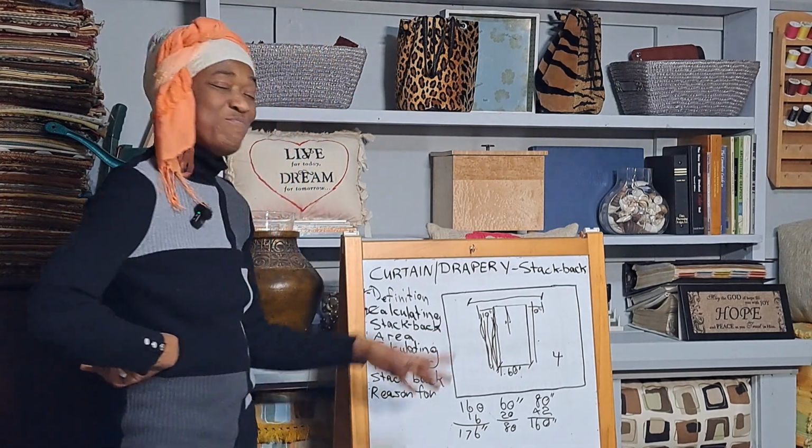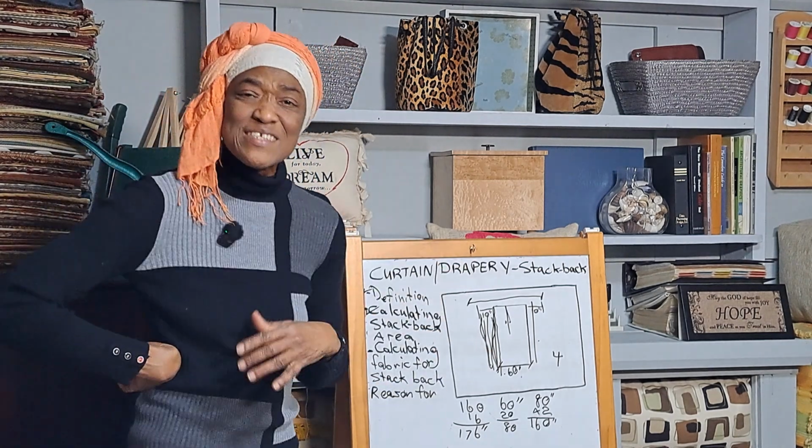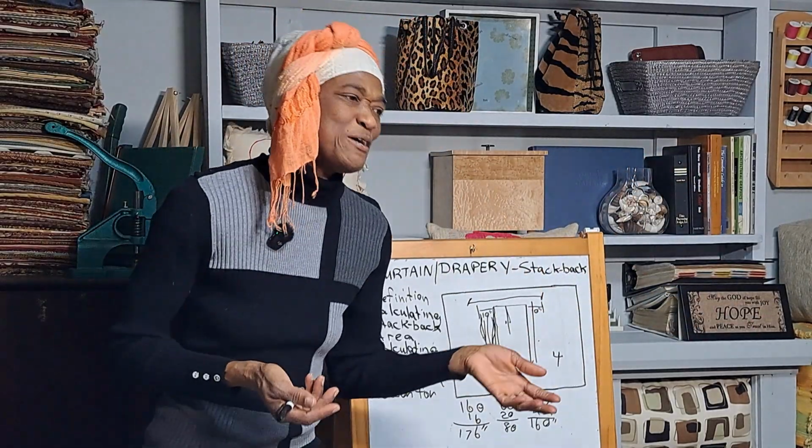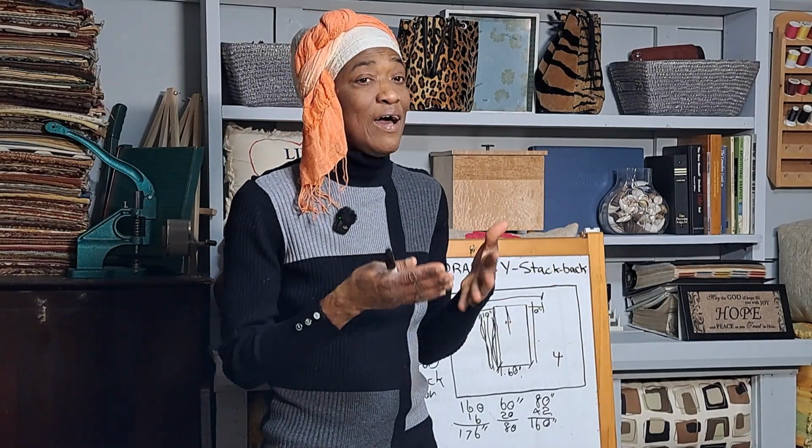The obvious reason why we stack back our curtains is because we want light to pour through those windows, especially during the winter months when it's so dowdy and dark, and we have sunlight. We want to pull those curtains aside so that we can get light coming in.